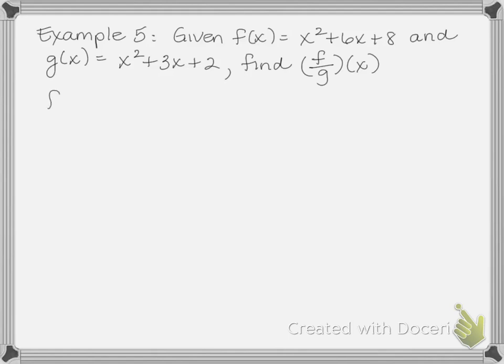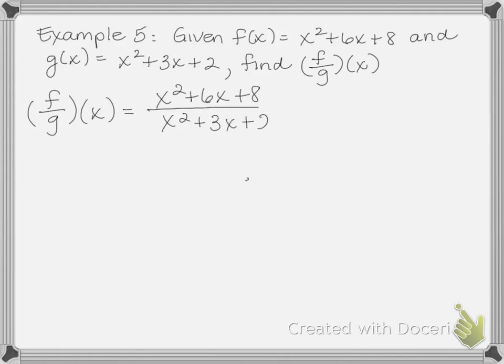So f over g of x equals, whoops, wrong. Let's do that again. I looked at the wrong function. F of x is x squared plus 6x plus 8. G of x is x squared plus 3x plus 2.